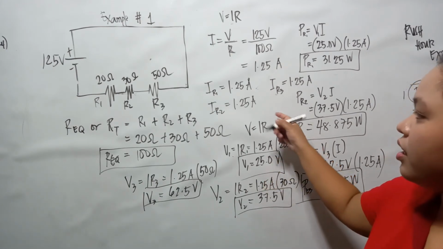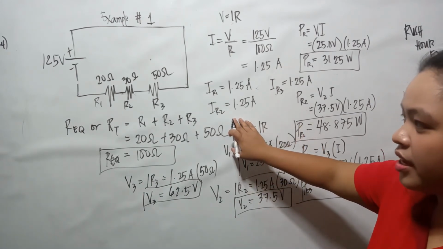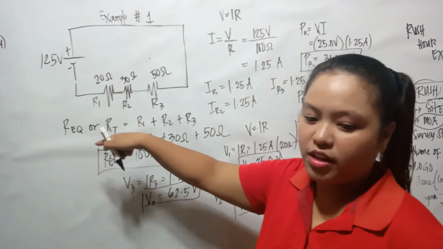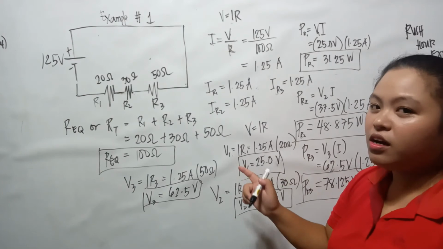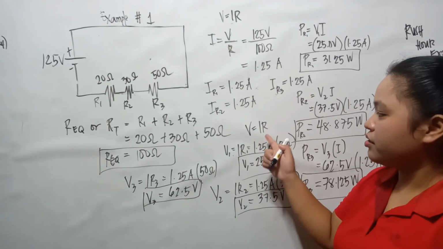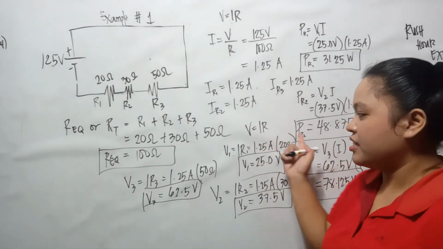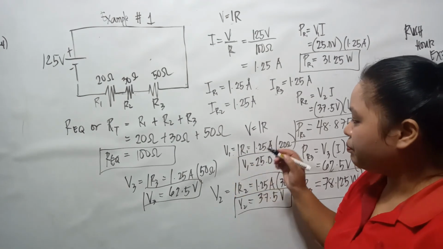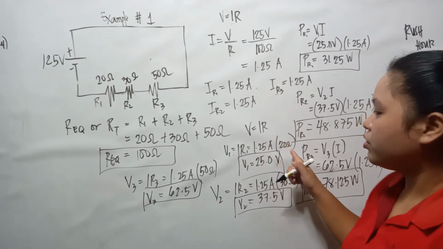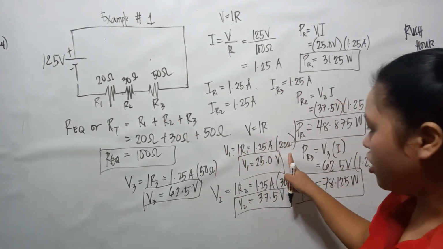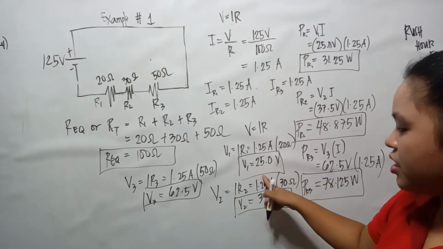Next, we get the voltage drop in each resistor. We know the value of the current, and we also have the different values of resistance. By Ohm's law, the voltage is equal to the current multiplied by its resistance. So we use the current, 1.25 amperes, multiplied by R1, which is 20 ohms, so we get 25 volts.